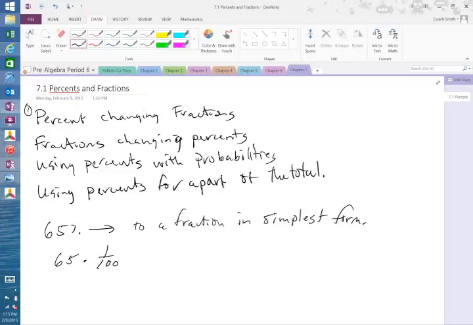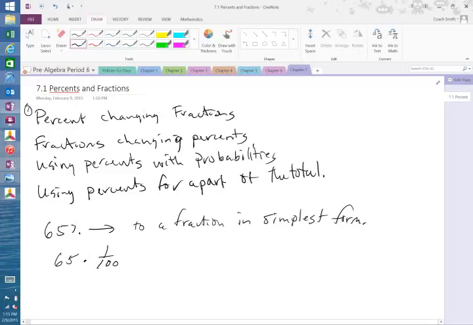The problem you run into is when you get into more complex percents, and let's say you have 3 2/5%. Well, then it becomes a little bit more difficult. It's not just putting it over 100. There's more steps involved. But basically, if you take the percent and multiply it by 1 over 100, that will always work.